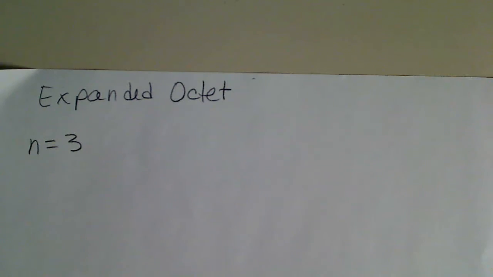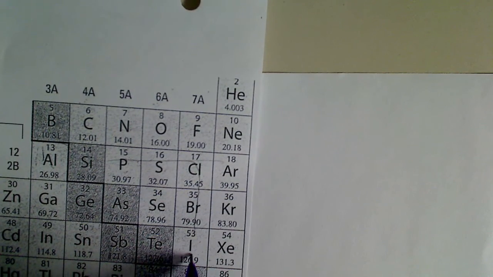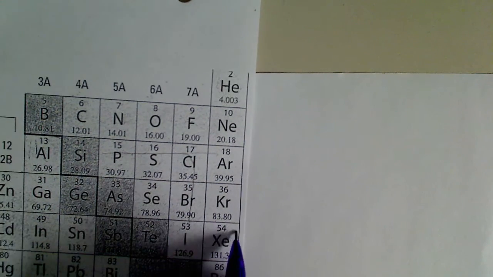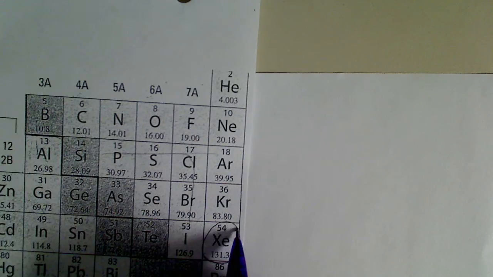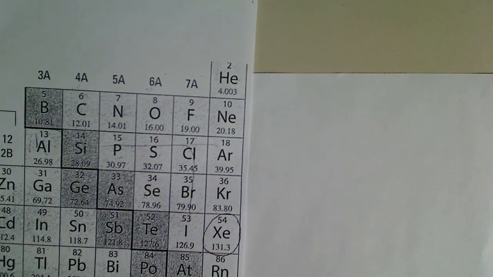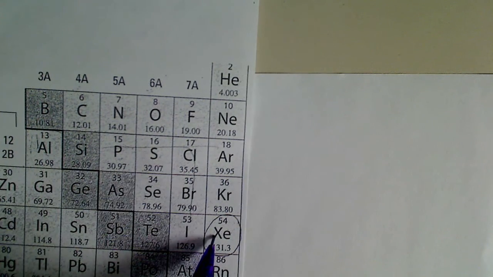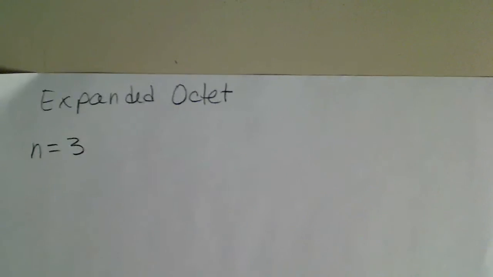Since we're looking at molecules, which are nonmetals, as long as we're on the third row, phosphorus, sulfur, chlorine, any of these can have more than 8 electrons around them. We might see some structures that have xenon as the central atom. Even though xenon already has 8 electrons around it, because of the d orbitals available to anything on the third row, we'll see some compounds that have xenon as the central atom.